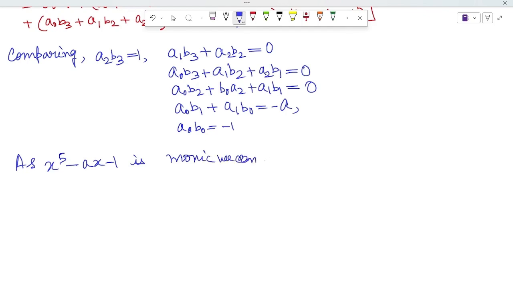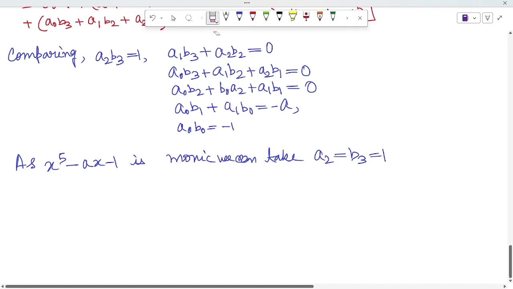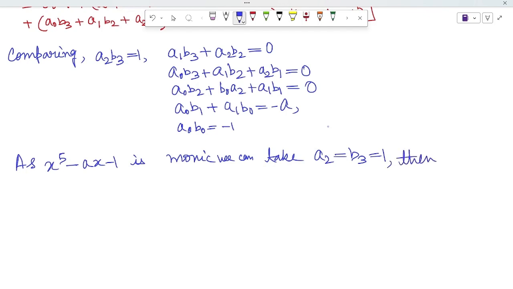We can take A2 equal to B3 equal to 1. Then the equations will become A2 and B3 is 1.